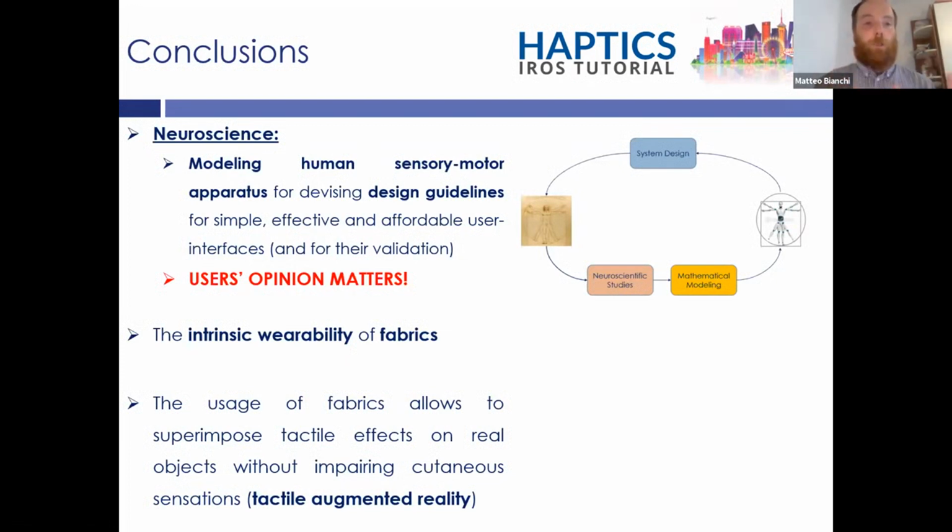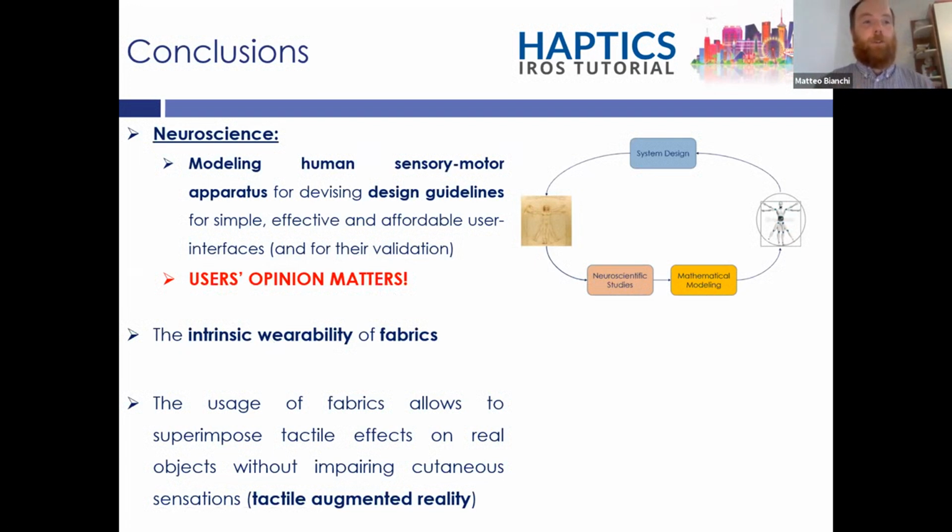Of course, the modeling is important, but it is also important to verify after the device has been designed the effectiveness of the system during the interaction with the users. And of course, users' opinion matters. This is one of the most important lessons I have learned.